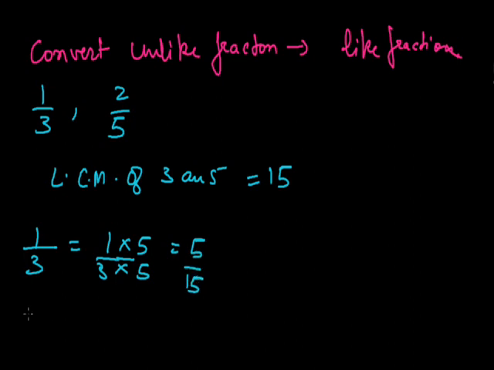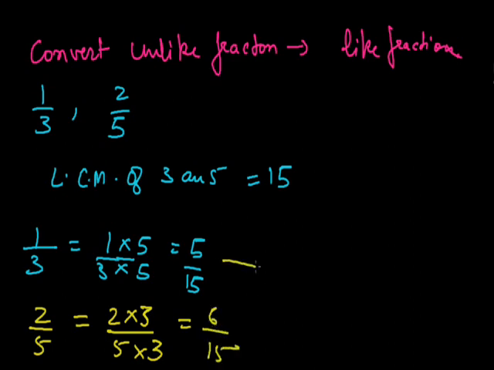Next, to convert 2 by 5 to the denominator 15, I will multiply the numerator and the denominator by 3 so that the denominator becomes 15. So here I will get 6 upon 15. Now both these fractions are like fractions since they have the same denominator.